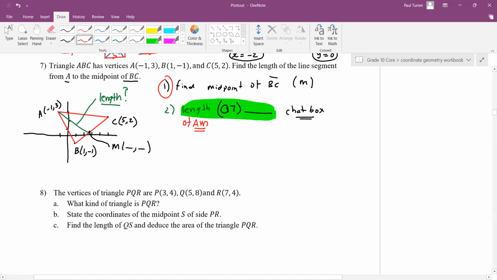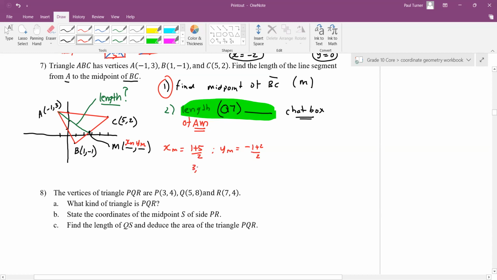Okay, so let's think about the midpoint of BC, which we called M. So let's call that XM, YM. So XM would be 1 plus 5 divided by 2. And YM, so if you're giving me an answer for length, be real quick, because I'm working on this now. So -1 plus 2 on 2.